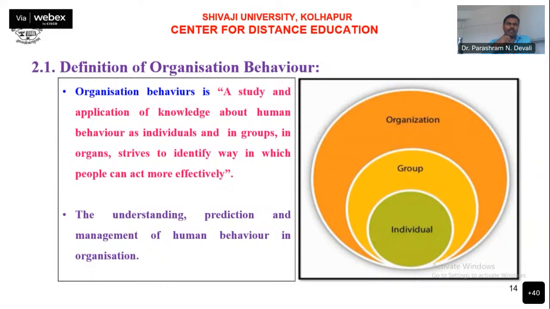Then understand the prediction and management of human behavior in organization. When we think about organization behavior, that time we want to understand individual behavior, simultaneously group behavior is there. When we think about individual behavior, there may be a personal subordinate, a specific employee, some vendor, a specific creditor, and we want to understand the behavior of a particular person, particular party.